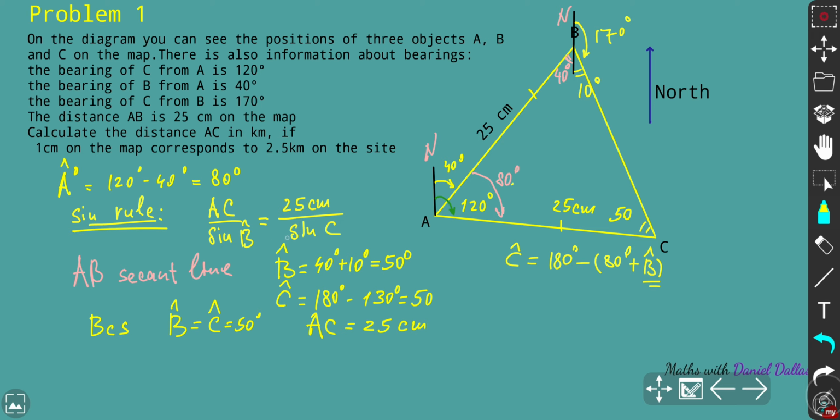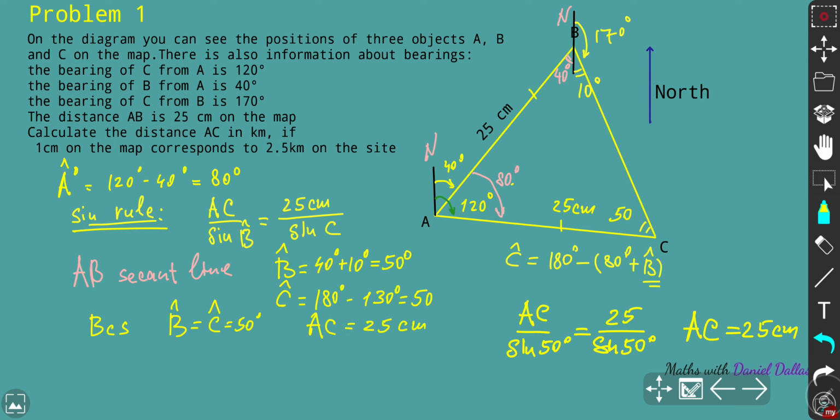But because sine B will be equal to sine C, it will be cancelled, right? Let's have a look. AC over sine of 50 is going to be the same as 25 over sine 50. Sine 50 will be cancelled. That means AC is 25 centimeters.